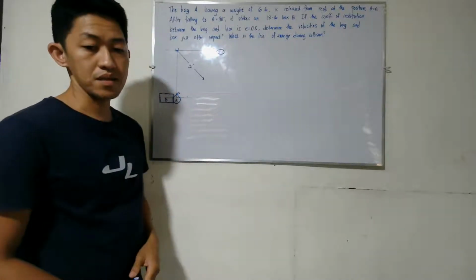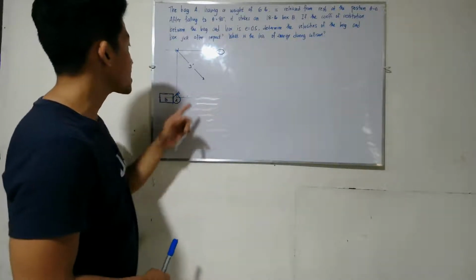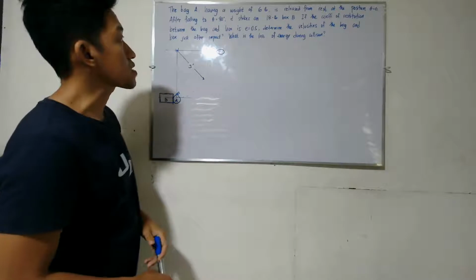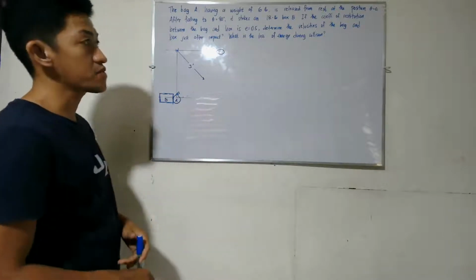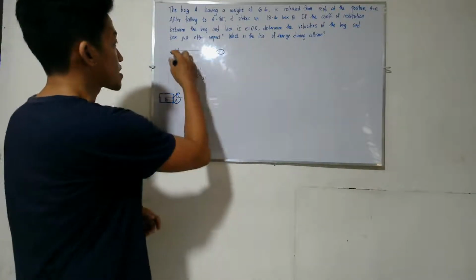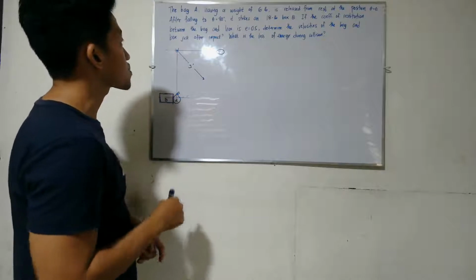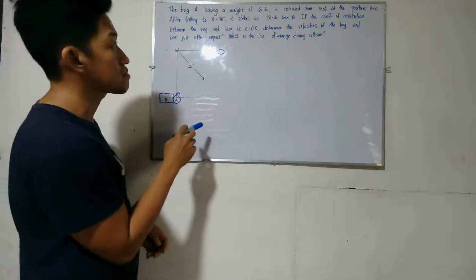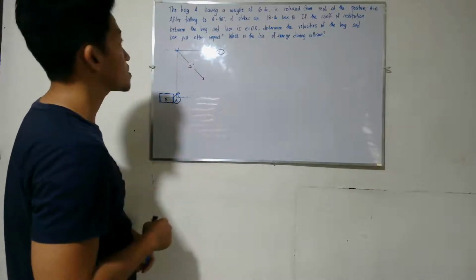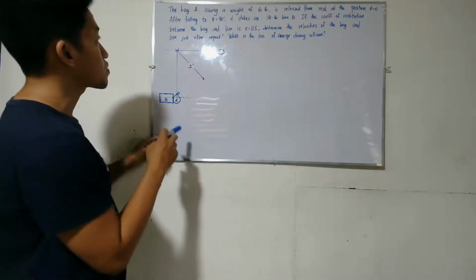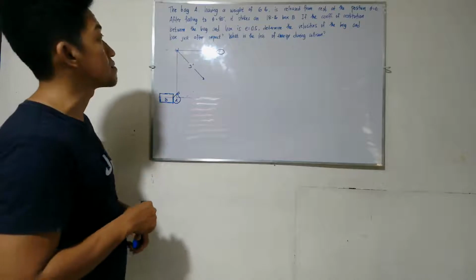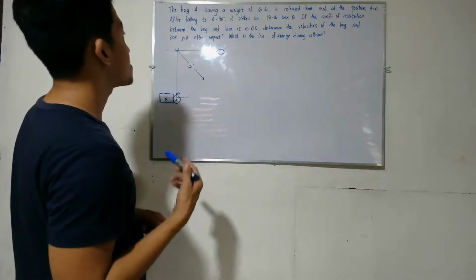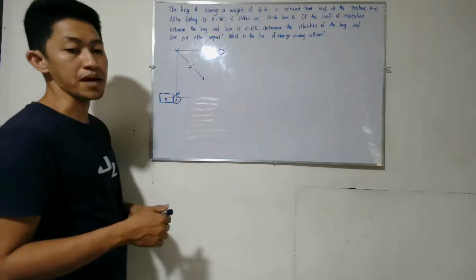Okay, so let's have this example. You have a bag A having a weight of 6 pounds released from rest at 0 degrees. After falling to 90 degrees, it strikes an 18-pound box B. If the coefficient of restitution between the bag and box is 0.5, determine the velocity of the bag and box just after the impact.